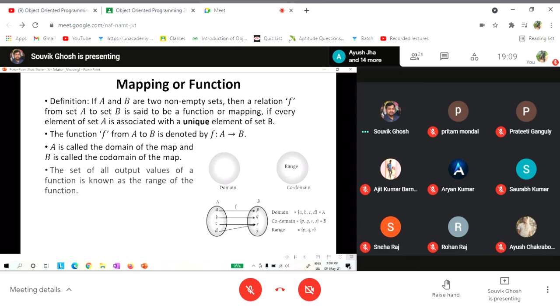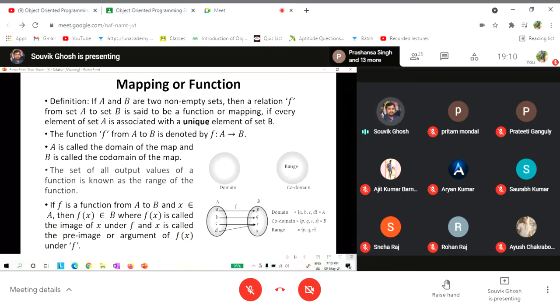There was one small example with set A and set B. In set A, the four elements A, B, C, D are related to P, Q, R only. But set B has four elements, P, Q, R, S. So our domain is the set A and our codomain is the set B, but our range is the set containing the elements P, Q, and R. So range should be a subset of codomain.